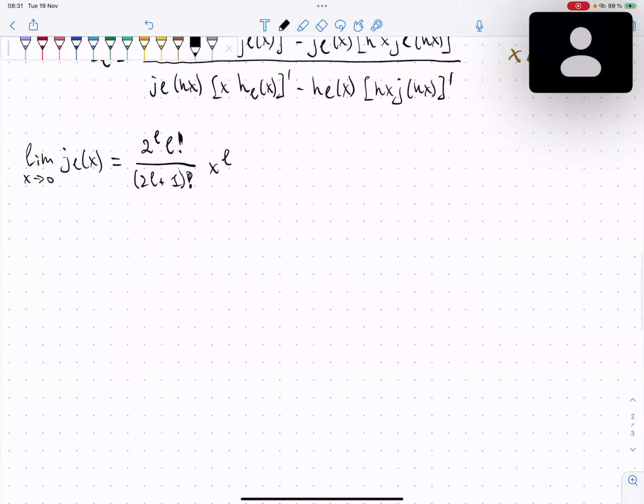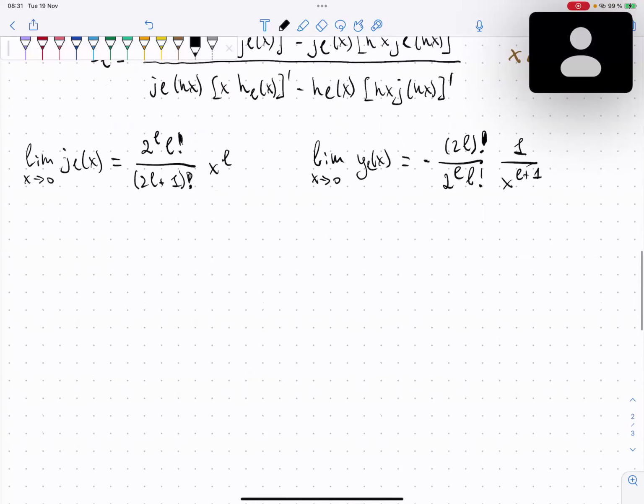And for the Neumann function, this is equal to minus (2L) divided by 2^L L factorial, 1 divided by x^(L plus 1). And basically the Hankel function is just the Bessel function, the first order one we use here, plus i Neumann function.